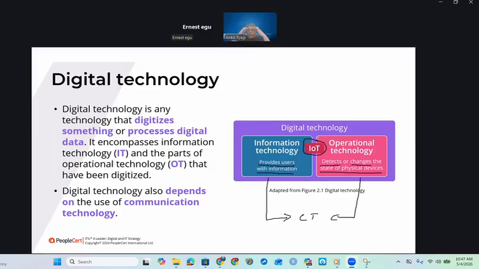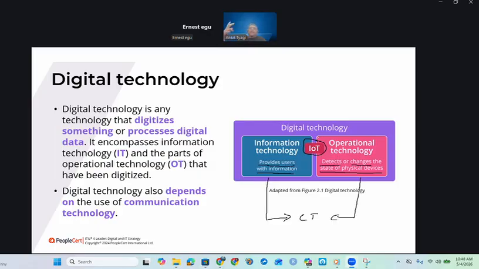This has been a little example towards the server. A very simple example: you can control your car from your mobile phone, or your aircon, or your smart TV. That's also part of digital technology. Mobile phone would be information technology. When you switch off your aircon, the physical state of the aircon changes; that's your operational technology.